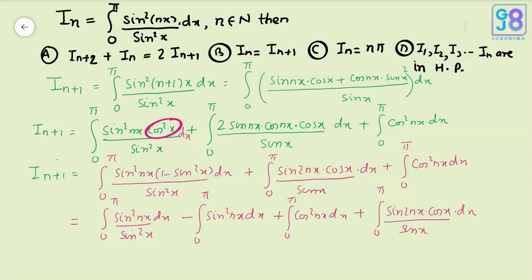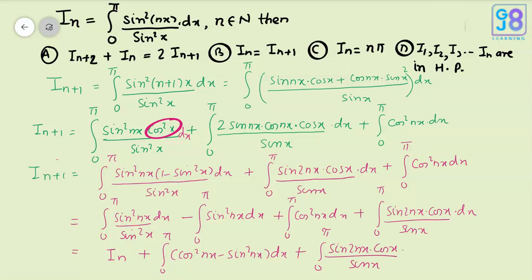You will observe that the middle two integrals, sine squared nx and cos squared nx, we can combine them to get integral of cos 2nx dx, plus integral 0 to pi sine 2nx times cos x over sine x dx.